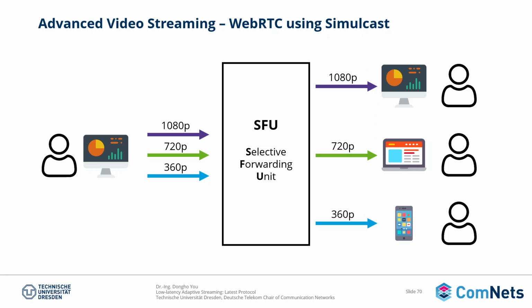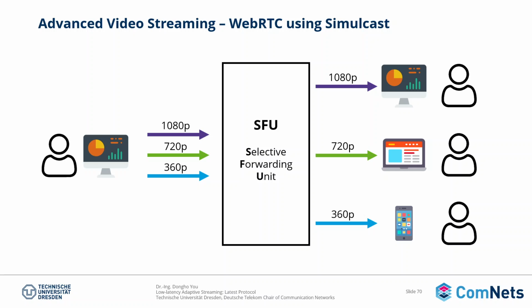Therefore, in order to provide different quality of video according to their device capability, the sender has to independently make different quality video streams. And the intermediate server called SFU decides which individual stream to forward to the end devices. This manner is called Simulcast.